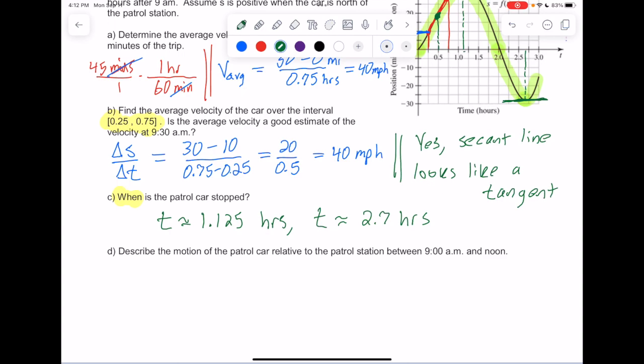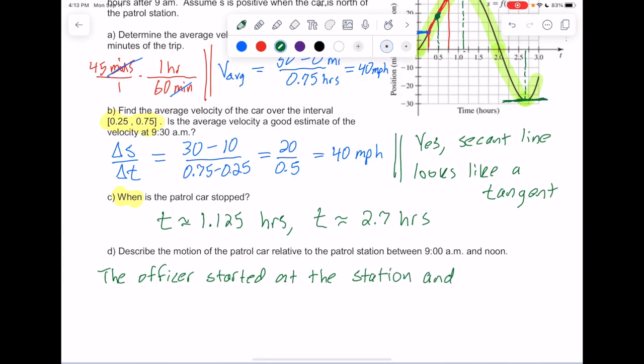So the officer started at the station. And drove north because we have positive distance. And how long did they drive north?